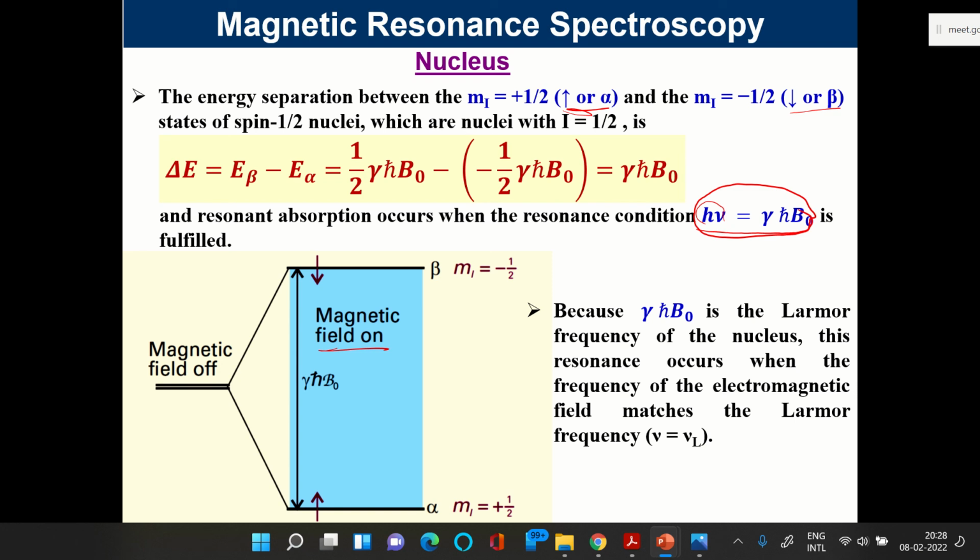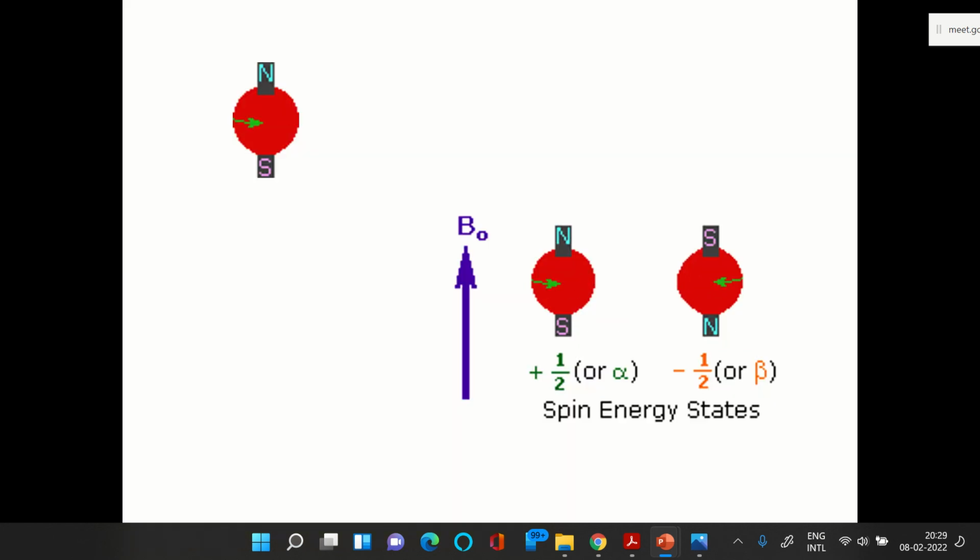Gamma B naught is the Larmor frequency of the nucleus, so the Larmor frequency is matched by the frequency of the electromagnetic waves. So nu is equal to nu L. That's how you are achieving this, and that's why we call it resonance.